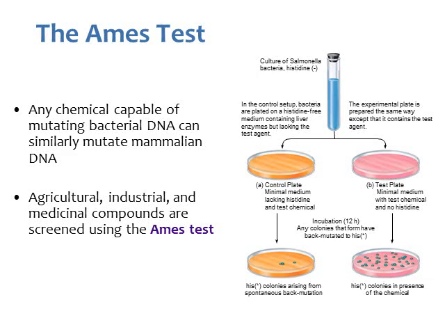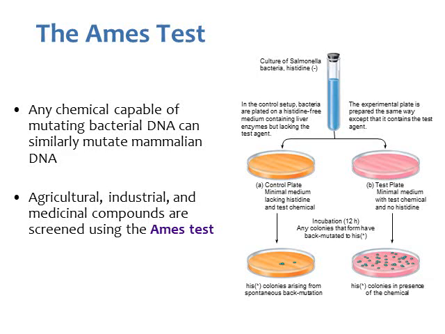So scientists can actually use bacteria to determine if a certain chemical in, like, shampoo, for example, or chemicals used in food, if those chemicals mutate bacteria DNA at a certain rate using the Ames test, then they have to put a warning on it that it's capable of mutation or it's harmful to other organisms. So agriculture, industrial, and medicinal compounds, everything is now screened using this Ames test.